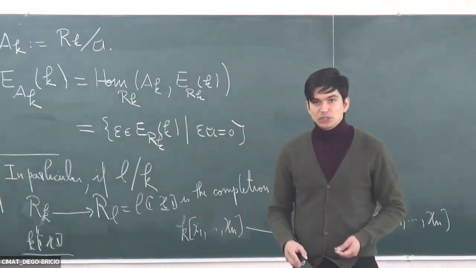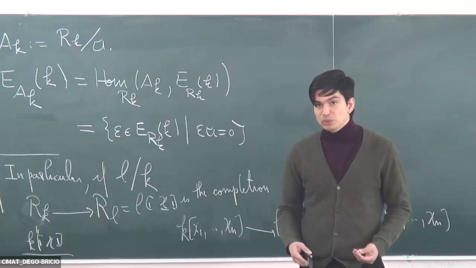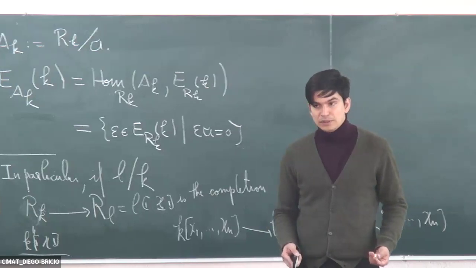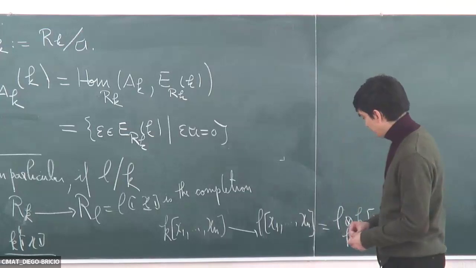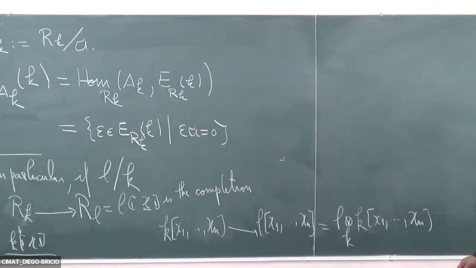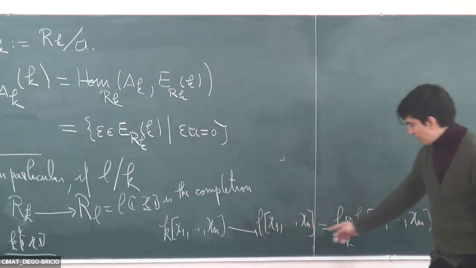And so tensor products commute with direct sums, but they don't commute with products. That's the issue. Okay? So there is this canonical map here, right?